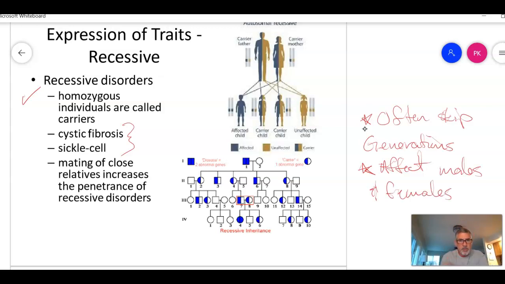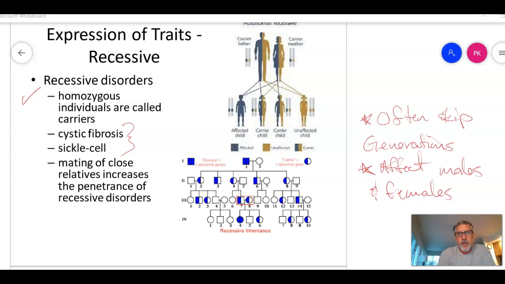This pedigree right here is not showing it skipping generations. But it does show skipping generations.